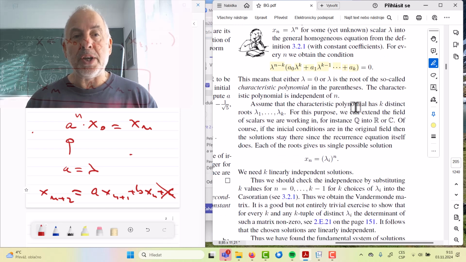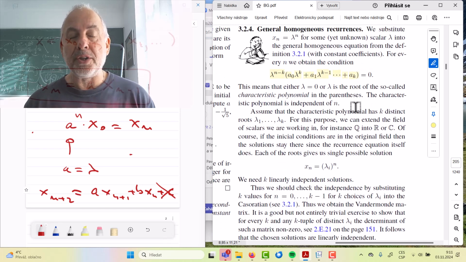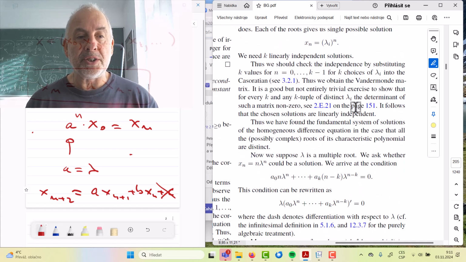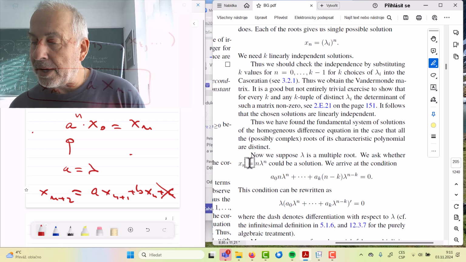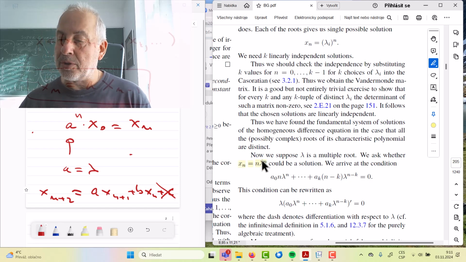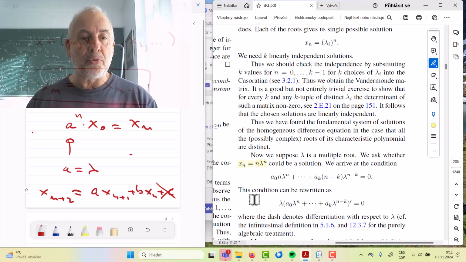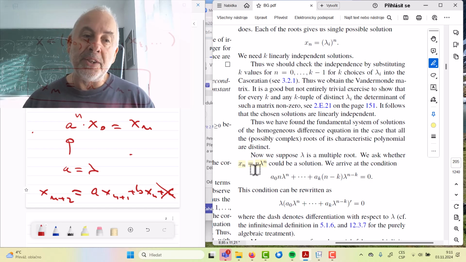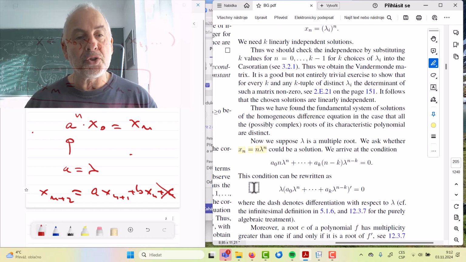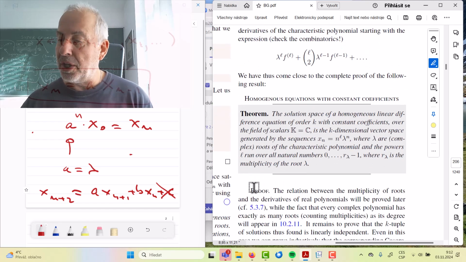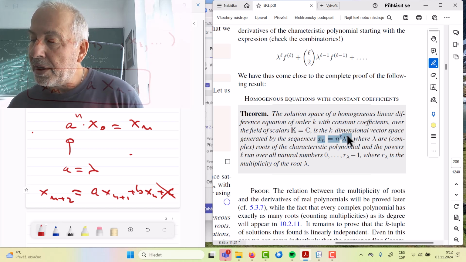And that's quite easy, except we don't know yet what to do with the multiple roots. So if there are multiple roots, there is a very simple thing that if there is a double root, then one can find out quite easily and straightforwardly. You can read in the text that if you write x n equals n times lambda to n, it would be a solution, and in general you get exactly the same thing as many times.